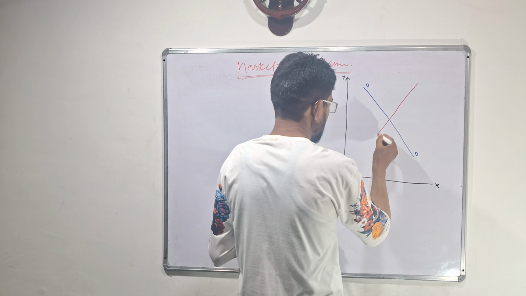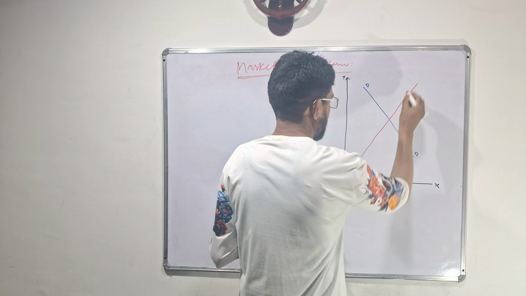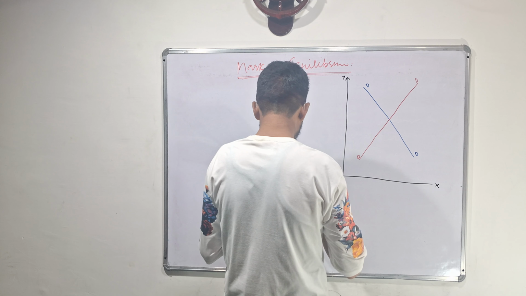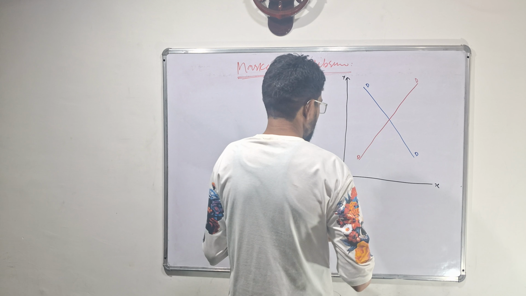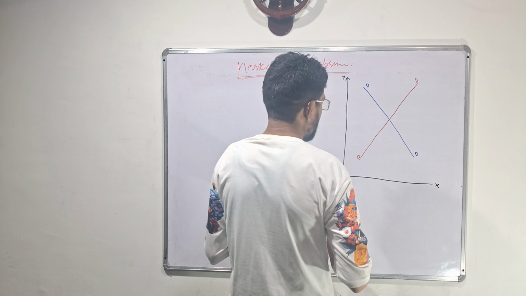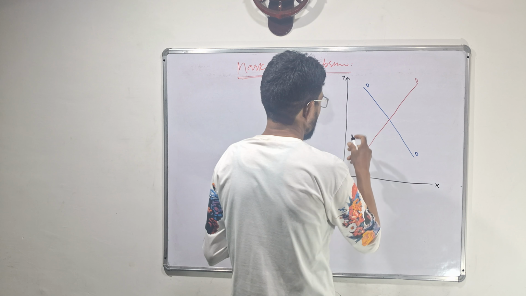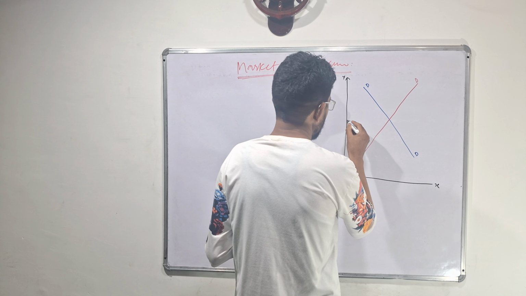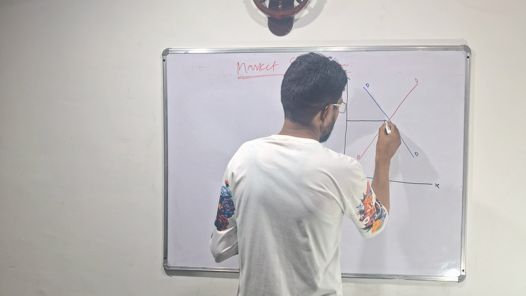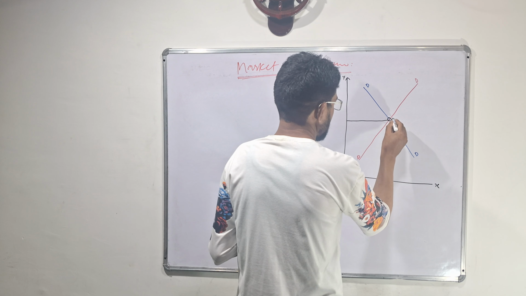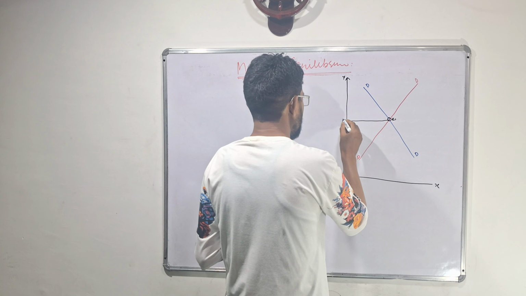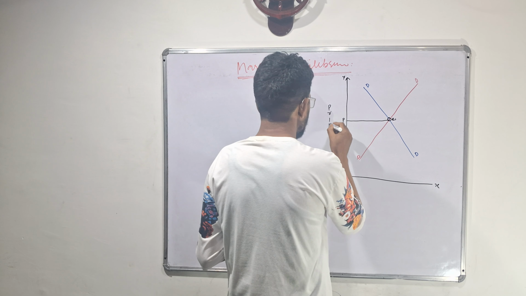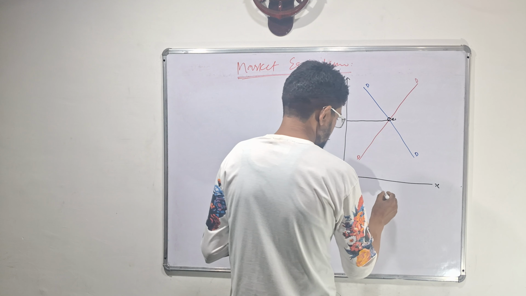The supply curve has a positive slope, that is why I am drawing a positive slope supply curve. This is the price determined by the demand and supply curves. E is the point of equilibrium. This is the price. This is quantity.